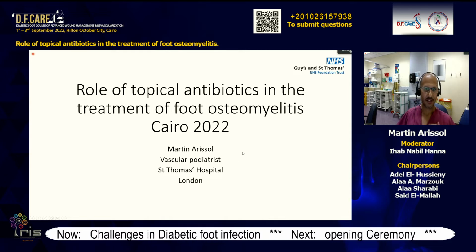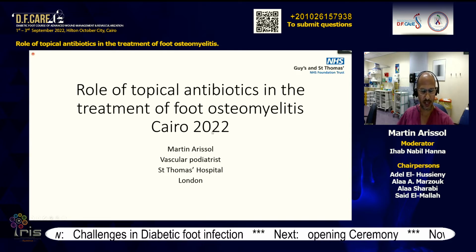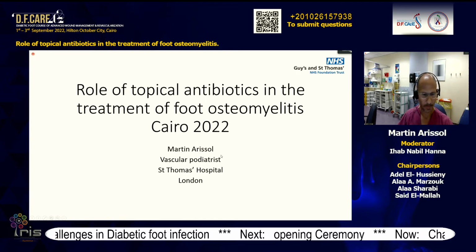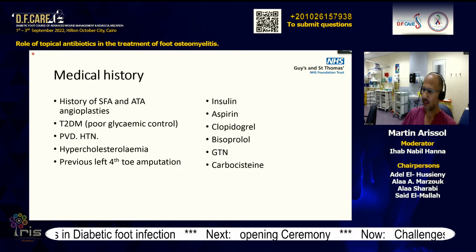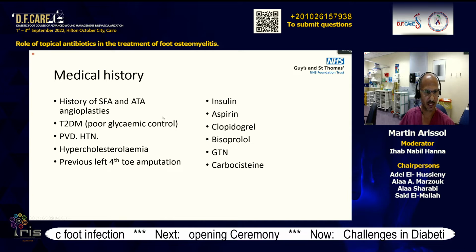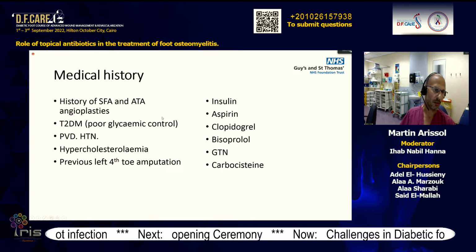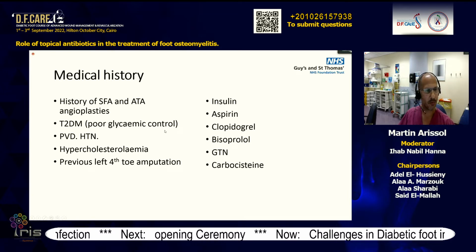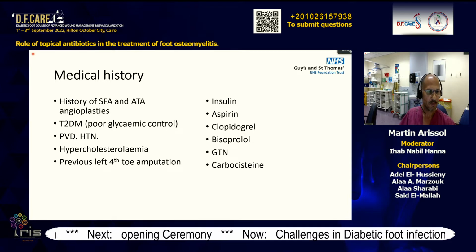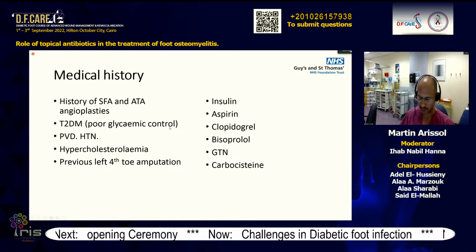Sorry for that. So I just wanted to give you a live case study from a vascular podiatrist perspective here at Guy's and St Thomas' Hospital in London. A typical patient: type 2 diabetes with poor glycemic control, a female patient in her late 60s with peripheral vascular disease, a previous history of femoral and crural disease, and a history of fourth toe amputation in the past as well.